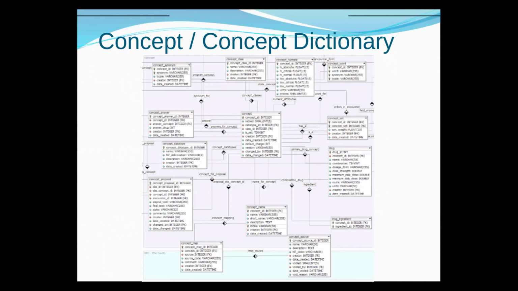I think we have several advantages for a concept dictionary. First of all, it enforces uniformity across different implementations, because if we are talking about weight, then all implementations we support should have one way of referring to weight, and that is the concept that is used. A concept is more of a code used for data collection.